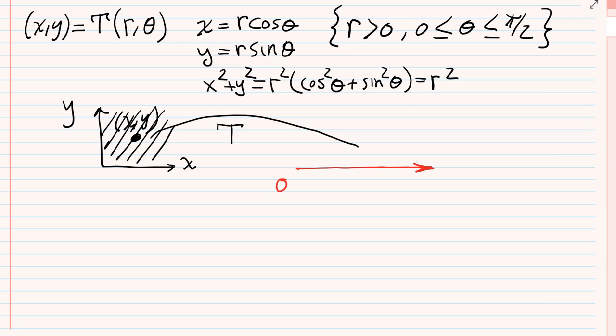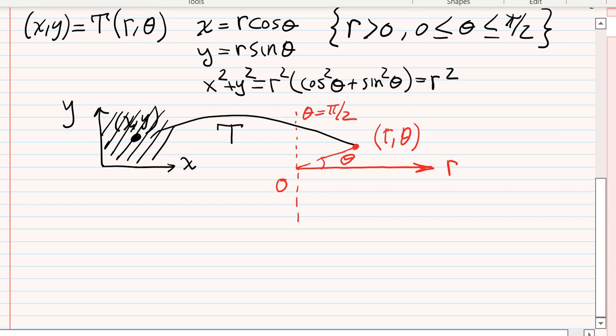So all we have is just r, and every point is represented by means of r and theta, where theta is the angle in standard position. Okay, there you go. So that's what theta is. And of course we have this hypothetical dotted line which represents theta equal pi over 2, which would be synonymous to the y-axis in the xy coordinate system. Okay, so this is what we have.